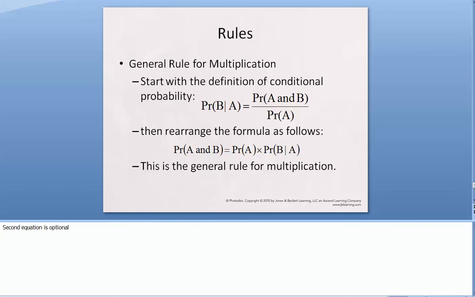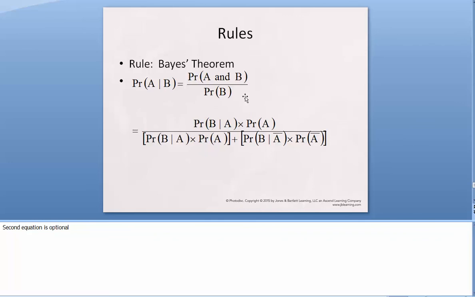Of course, the probability of B is expressed in a little bit more complicated way, but I really do not expect you to know this. The second equation is optional. You can figure it out if you like, or I'll be happy to discuss it with you if you want to. But for this course, you don't really need this.